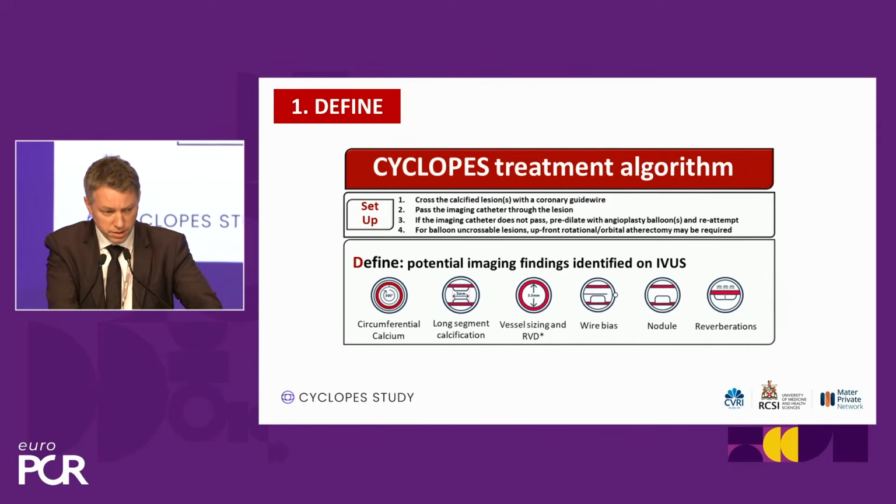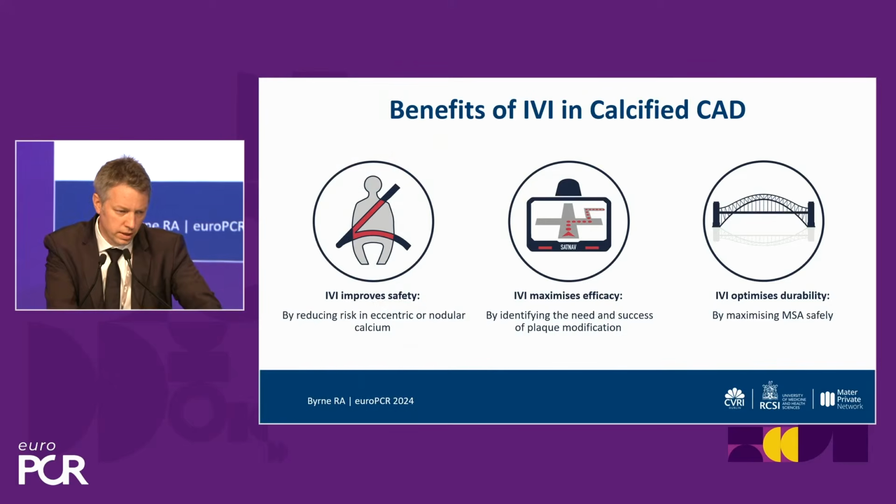But if we can pass our imaging catheter, which we will in the majority of cases, we're looking for circumferential calcium, defining the arc, looking at whether or not it's long segment calcification, checking the reference vessel diameter. Is it a large or a small vessel? What's the wire bias like? Is it biasing towards the calcium, particularly if it's nodular? Is there nodular calcification? And are there any reverberations at baseline before calcium modification?